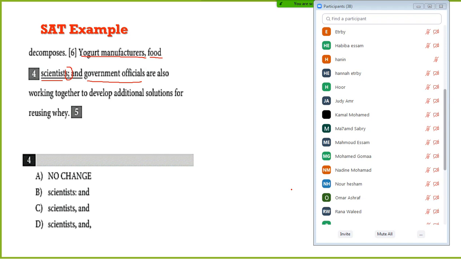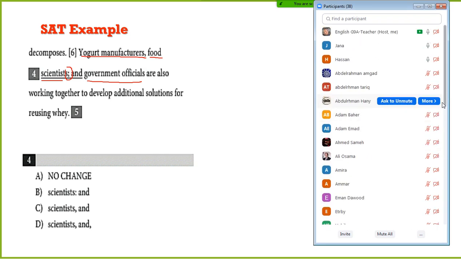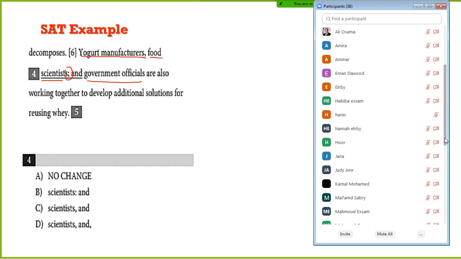Omar Ashraf, can you answer? Omar, if you will not answer, I will consider that you are absent. Omar Ashraf, the last call. Rana? Omar Ashraf, can you answer? Rana?